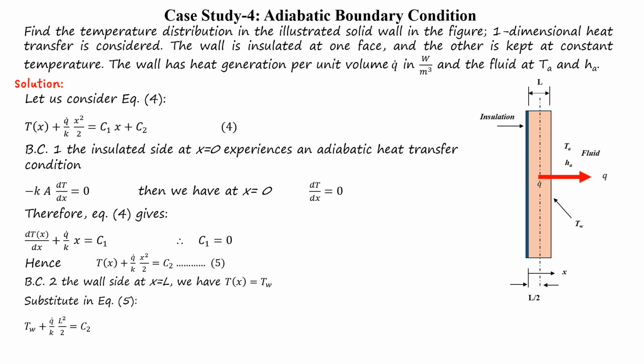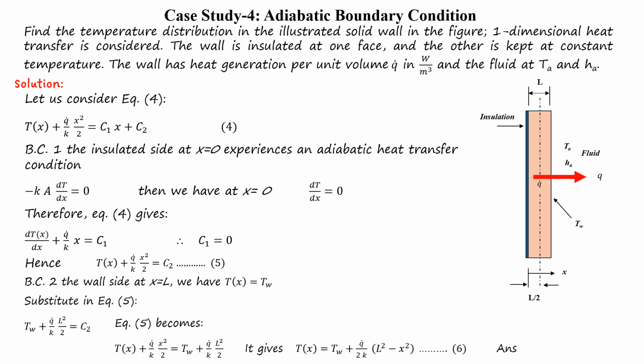If we substitute that in equation number 5, then we end with T sub w plus q dot divided by k times L squared divided by 2 equal to c2. Substituting these values in equation 5, we get the final temperature distribution as T of x plus q dot over k times x squared over 2 equal to T sub w plus q dot divided by k times L squared divided by 2.